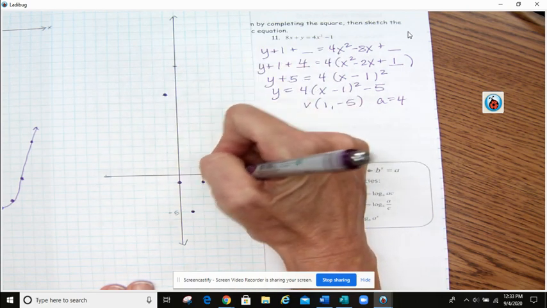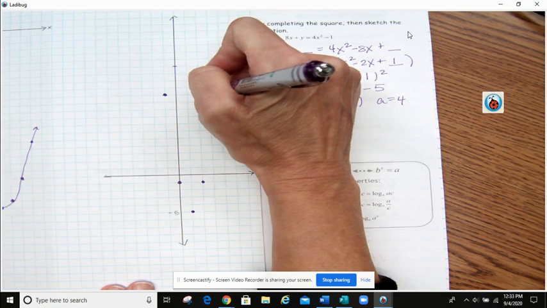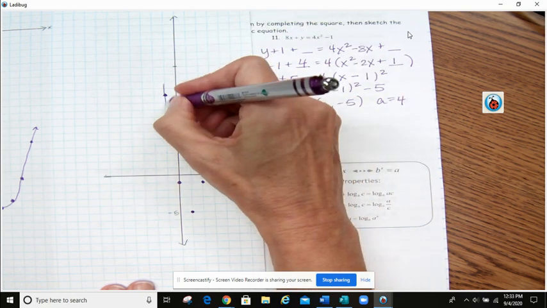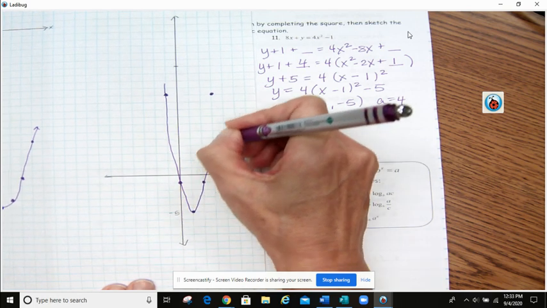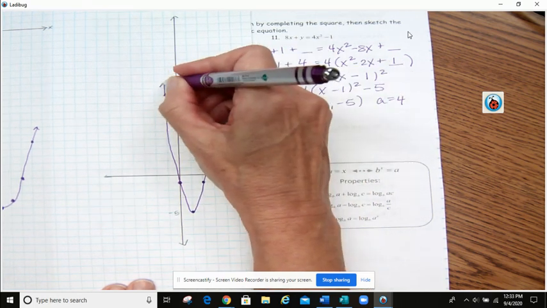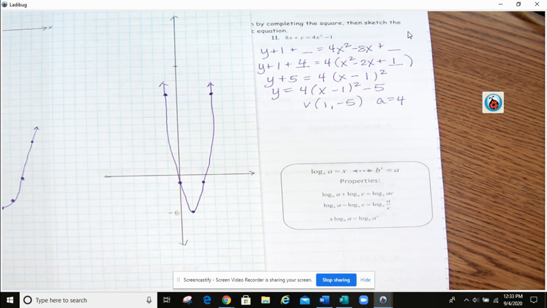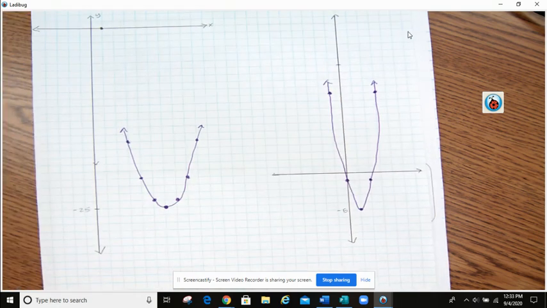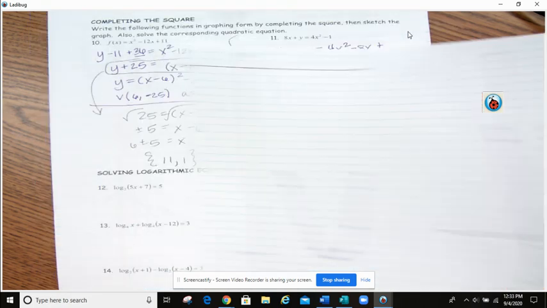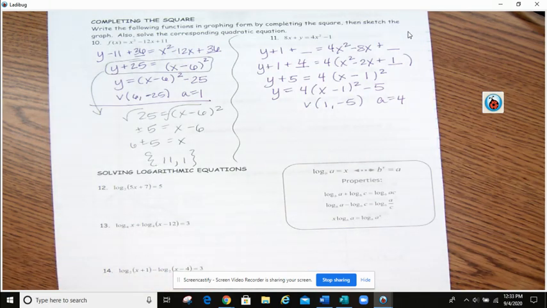And I have to do that on the other side. Parabolas are symmetric, so I have to count again. I definitely like to work smarter, not harder, whenever possible. Okay, so that has a bigger a value, so it's a narrower graph than the other one that had an a value of 1. All right, let's go back to the solving part.